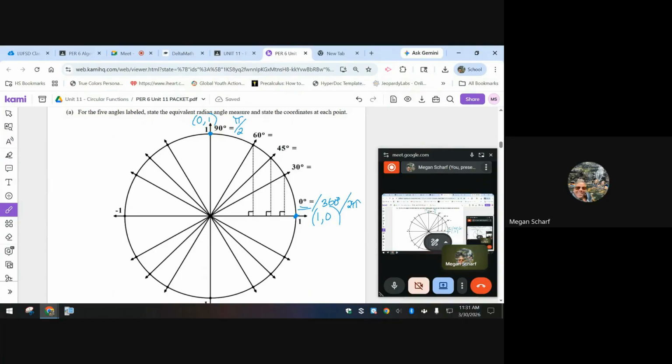All right, come over here to where -1 is. How many degrees is that? 180. All right. And then 180 is equivalent to what? Pi. And what would be those coordinates? Okay, are you guys okay so far? -1, 0, 180 and pi.